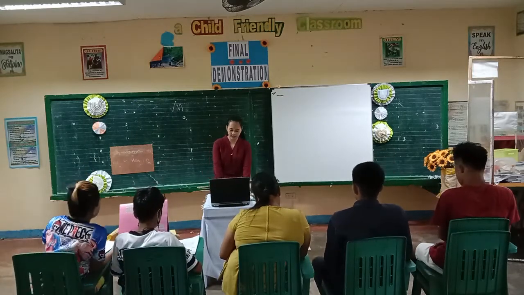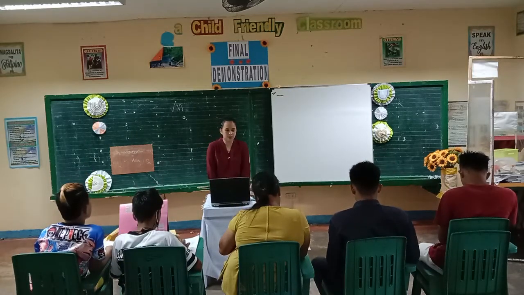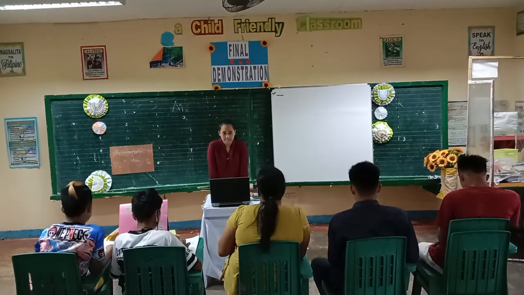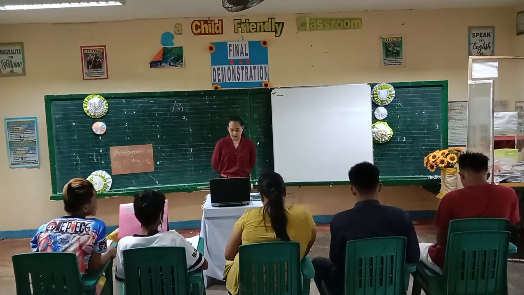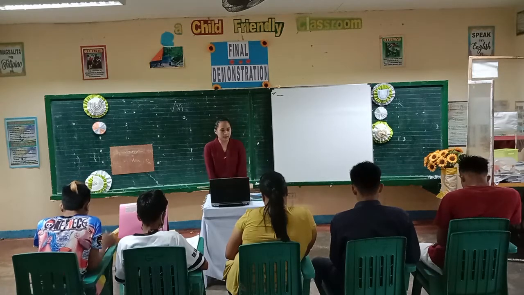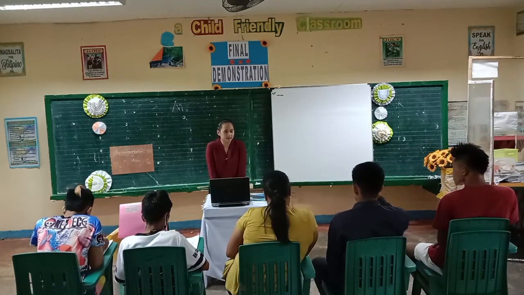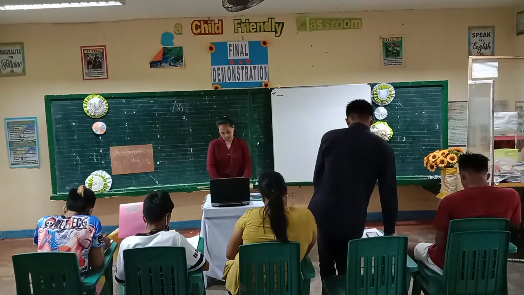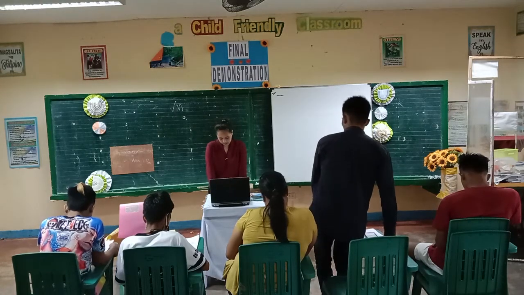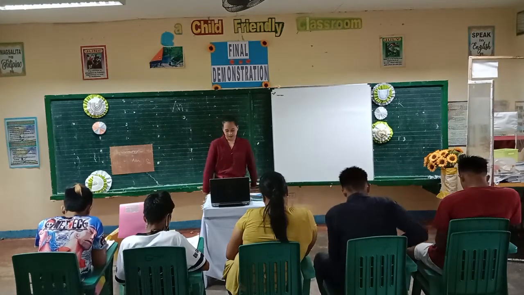Class secretary, kindly check for today's attendance. Ma'am, no one is absent. Okay. What was our last topic, class? Our topic was all about the area of composite figures. Okay, thank you.